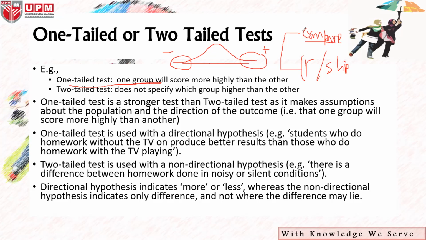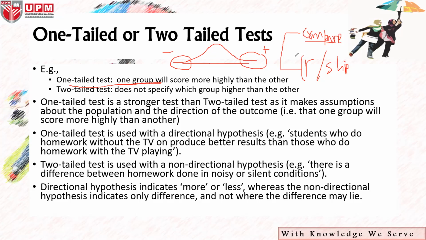Another example for the relationship. We say that there is a significant association between work engagement and job performance. We mention that we want to look for the significant relationship, but we do not mention the direction of the relationship.